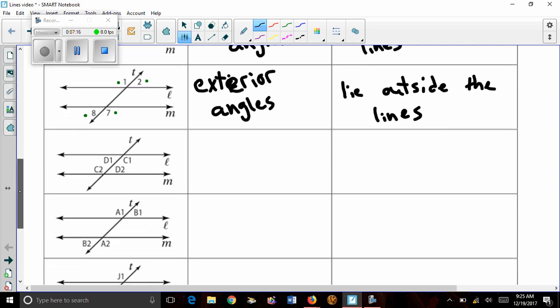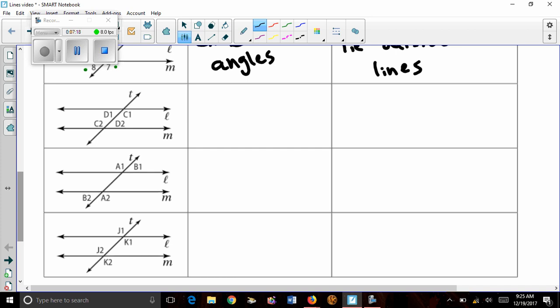Next, we're going to talk about some special relationships. In these next 3, we're going to talk about how some of the angles may or may not be equal to each other. To start, I want to focus in on this picture. Do you notice where it says C1, C2, D1, and D2?